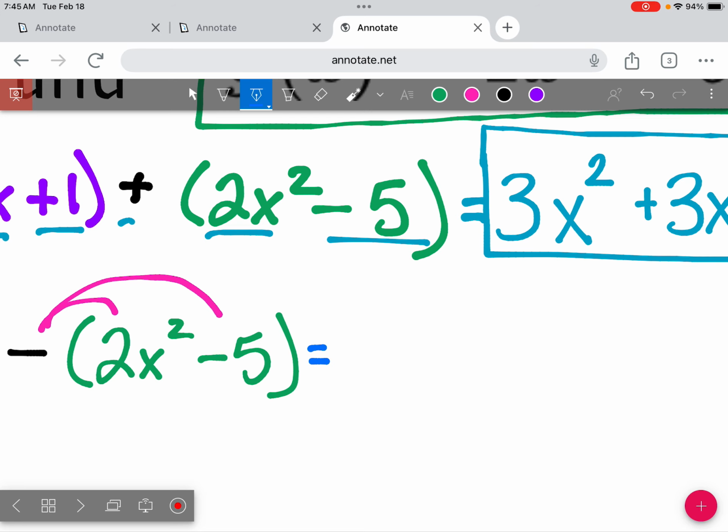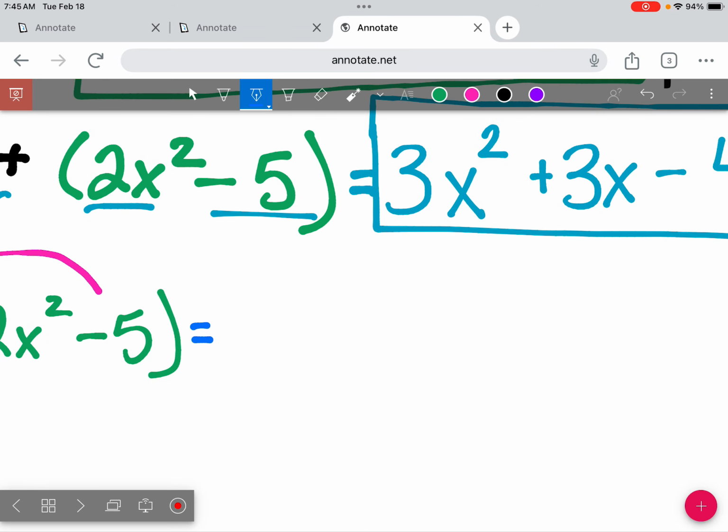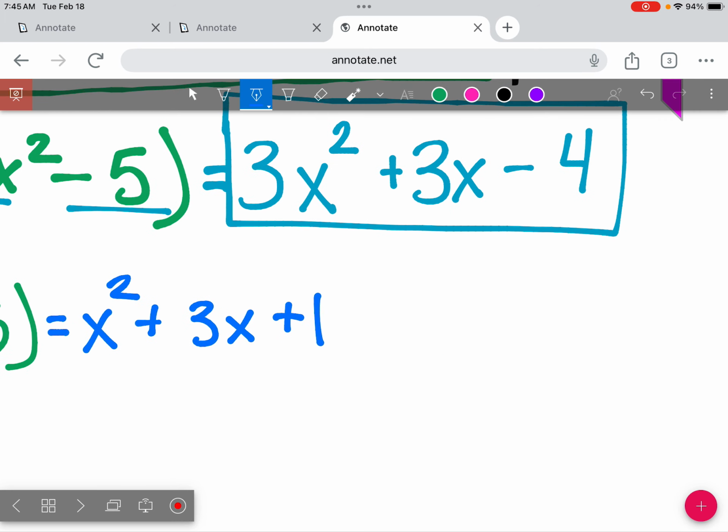So I'm going to write a whole other step in here because I'm going to write it without any sets of parentheses. So we're going to have our x squared plus 3x plus 1. And then we're going to have our minus 2x squared. That minus sign to the minus 5 becomes a plus 5.